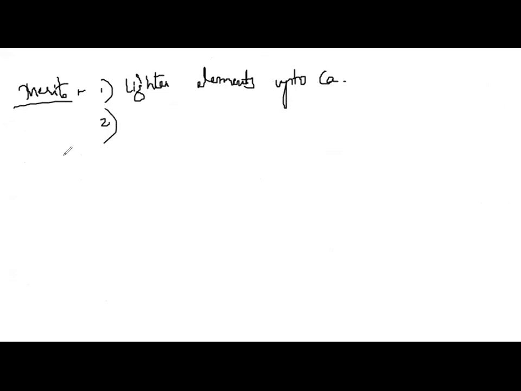Second point. This classification gave us the relation between properties of elements and their atomic masses. So he said when you write atomic masses in the increasing order, every eighth element had similar properties.